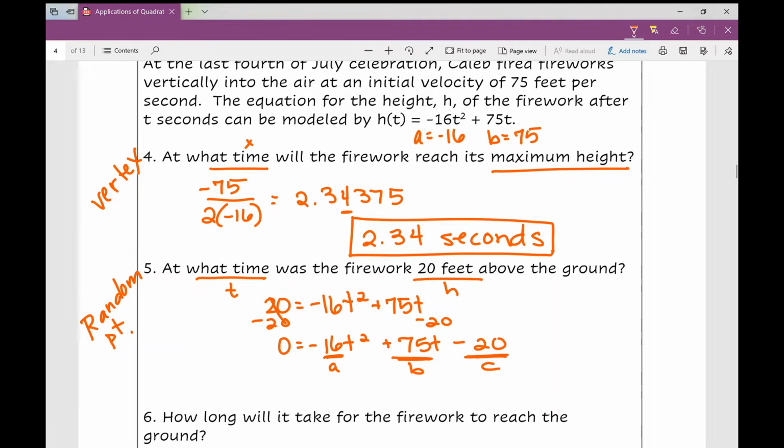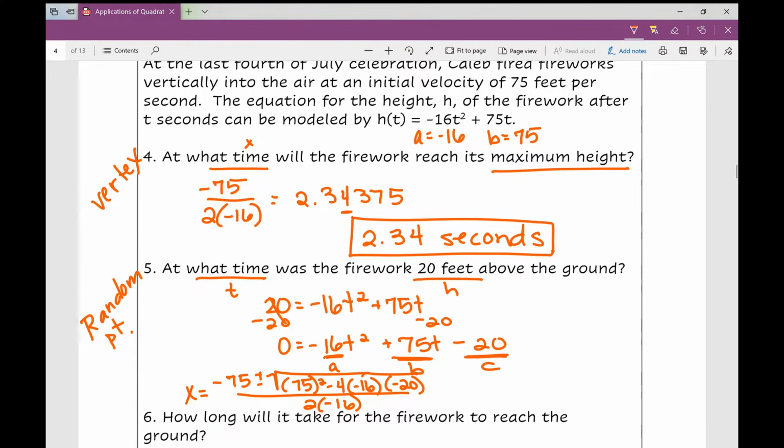So x equals the opposite of b plus or minus the square root of b squared minus 4ac all over 2a. So if you need to pause the video and do some of this on your calculator, go ahead and do that.